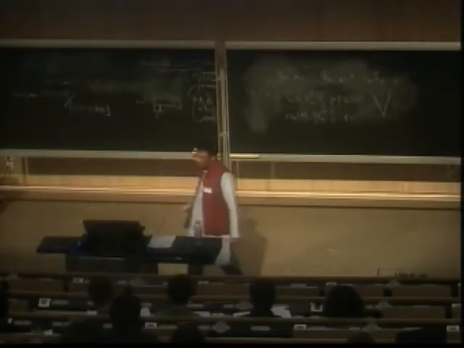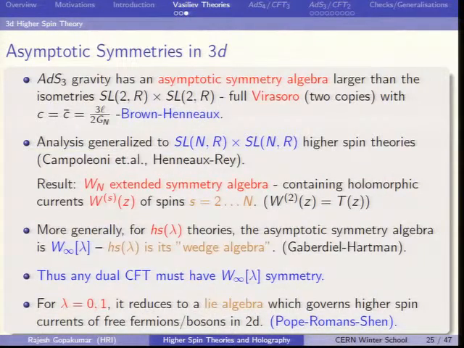But there have been special cases, like the case where lambda equals 0 or 1, where this algebra becomes much simpler. In general, this W infinity algebra is a nonlinear algebra. It's not a Lie algebra like the Wn algebra in general.